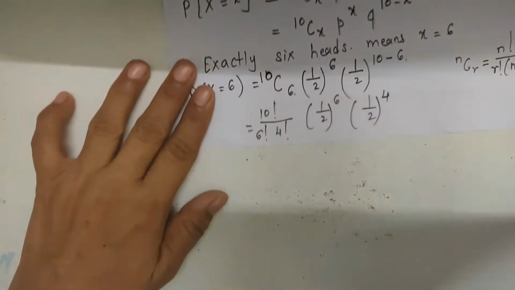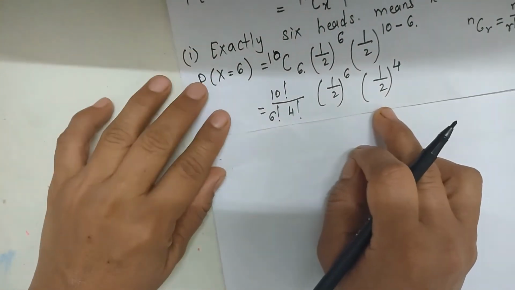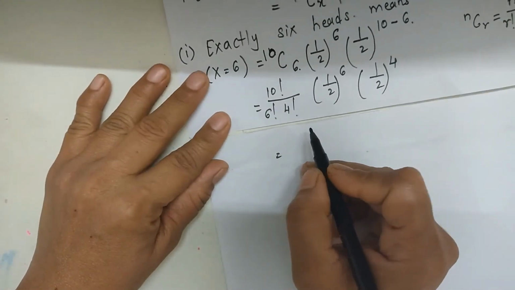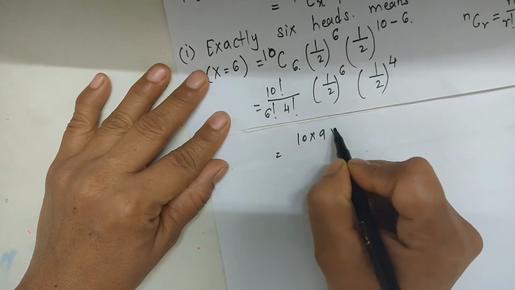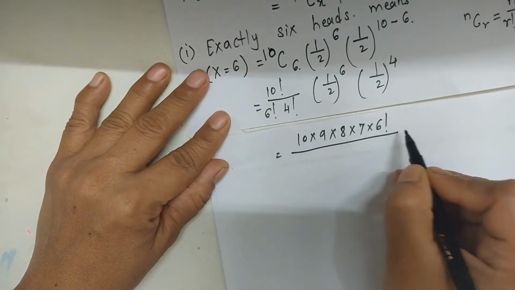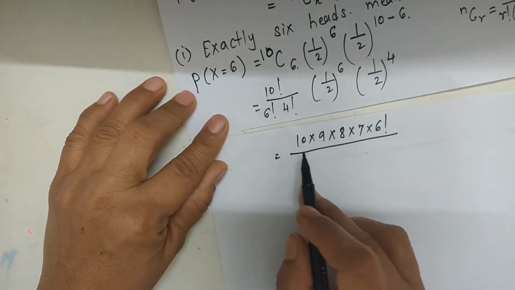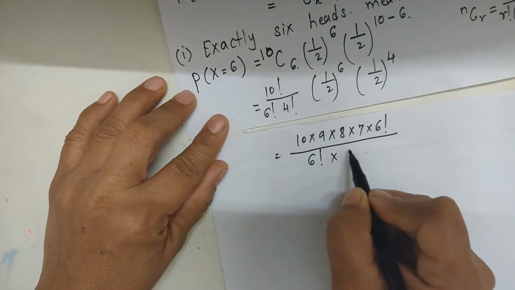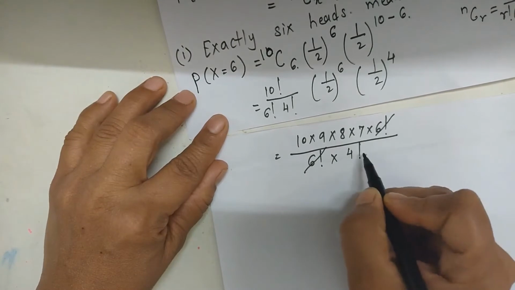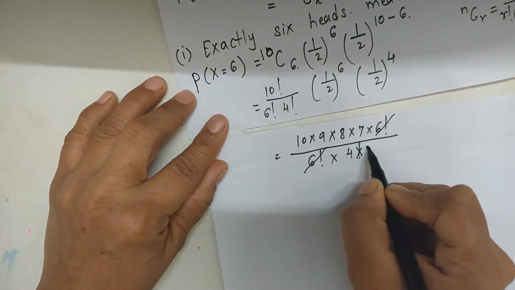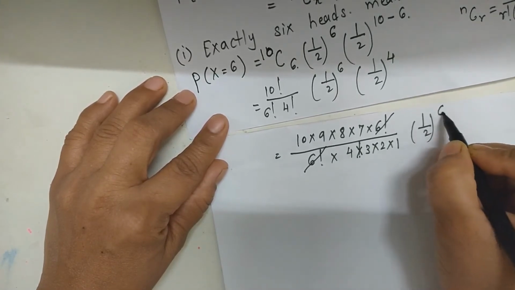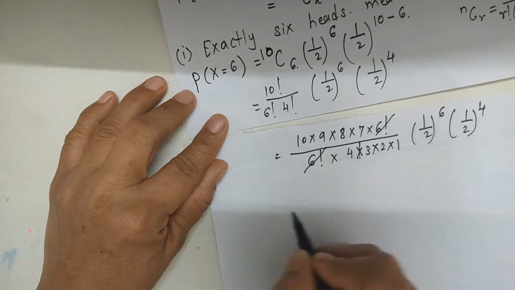Now the next step of this example is 10 factorial can be written as 10 into 9 into 8 into 7 into 6 factorial, that is 10 factorial in terms of 6 factorial. So 6 factorial will be cancelled. And 4 factorial can be written as 4 into 3 into 2 into 1, times half raised to 6 and half raised to 4.